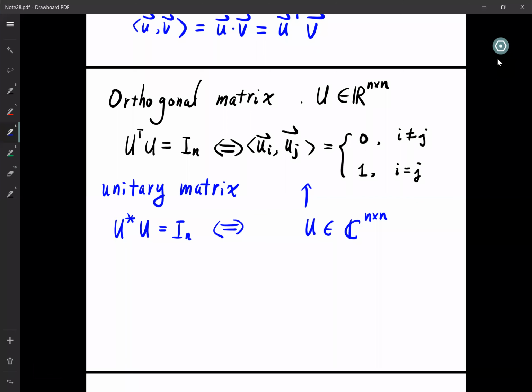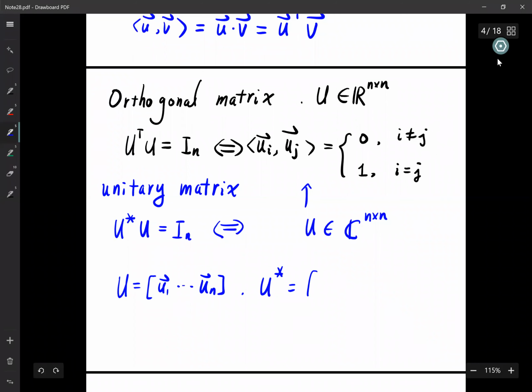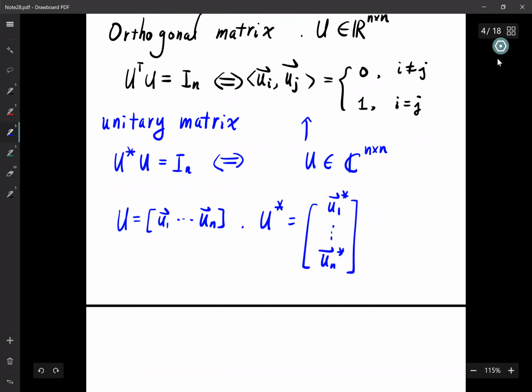More specifically, if U is [u1, ..., un], then what is U star? I take u1 star through un star, right? And so you can see that if U is a real matrix, this is nothing but U transpose.